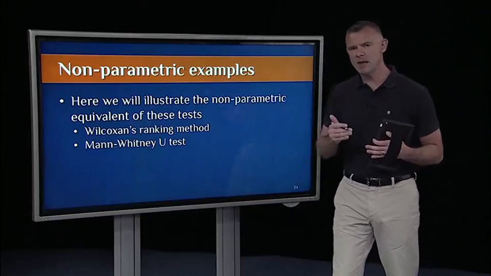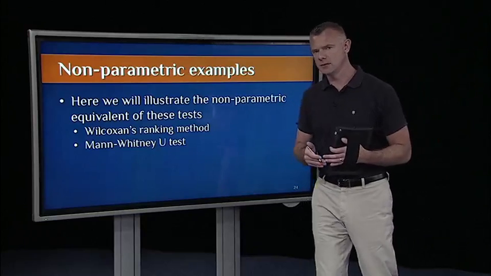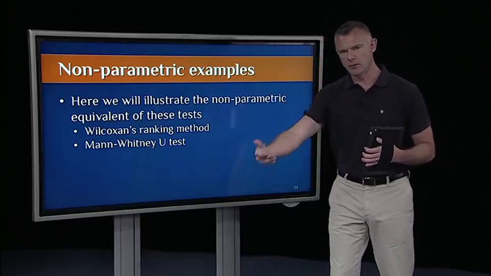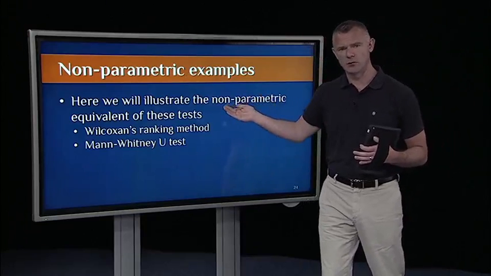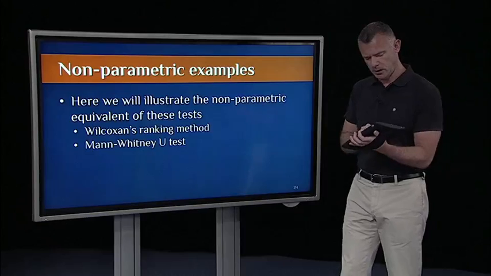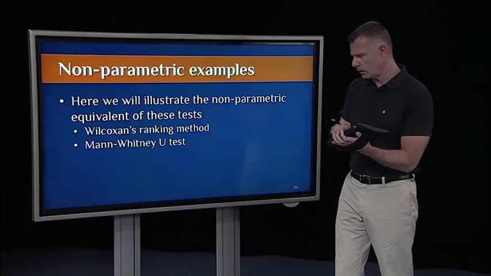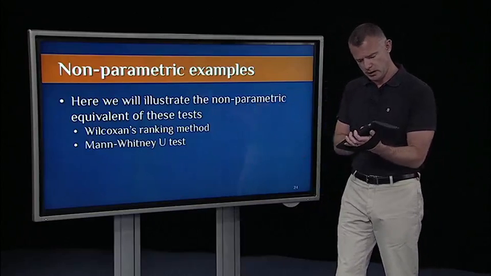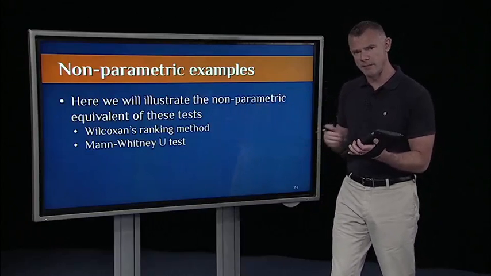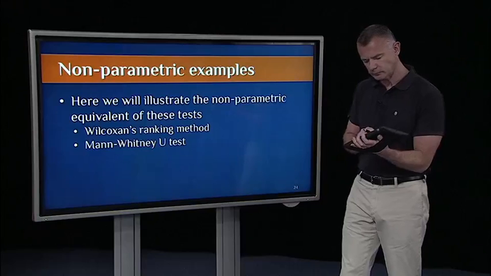And then the Mann-Whitney U test is the corresponding method for an independent t, which is really just a modification of Wilcoxon's procedure. So you'll see in the R output, it actually refers to it as Wilcoxon's procedure, even though most people know it as the Mann-Whitney U test.